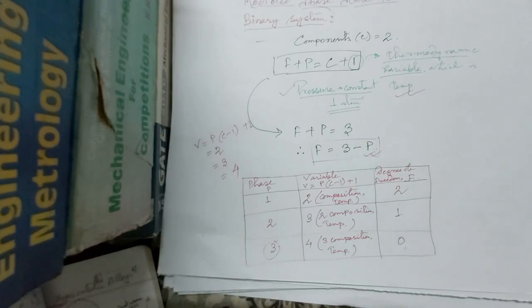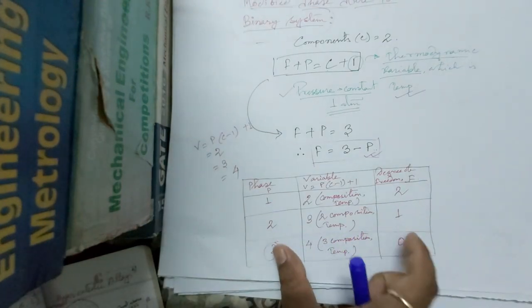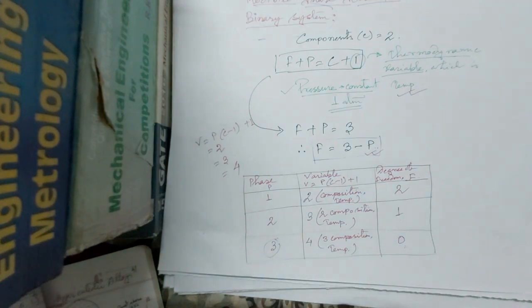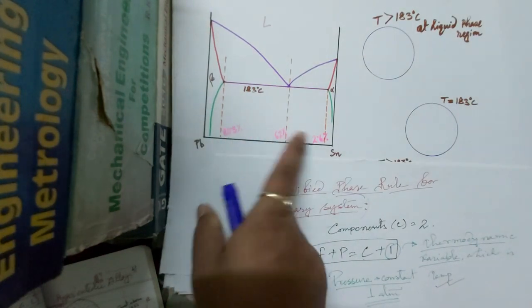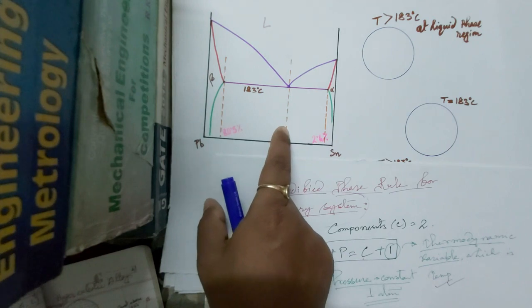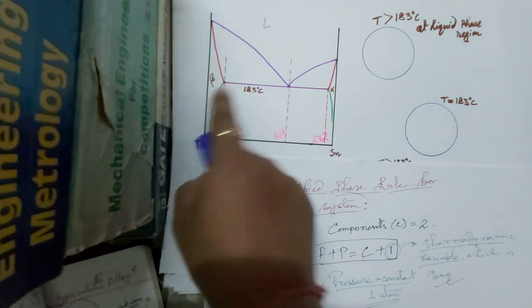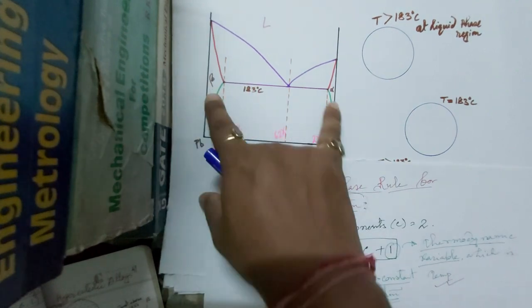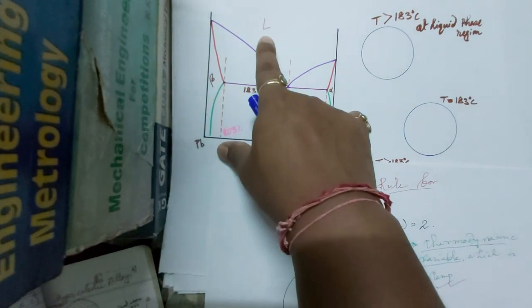Now I have told you about this table in my fifth video lecture. Here in this eutectic diagram, we have three different phases. Two are solid phases, alpha and beta, and one liquid phase.